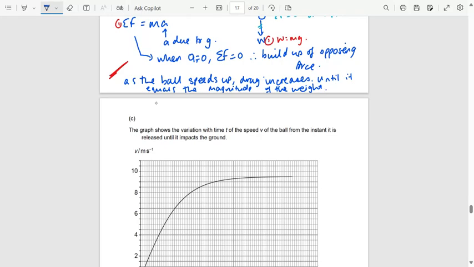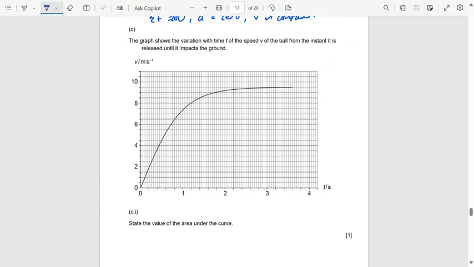When they are equal, the resultant force is 0. The acceleration becomes 0, and therefore v is constant. Now this ball has reached terminal velocity.